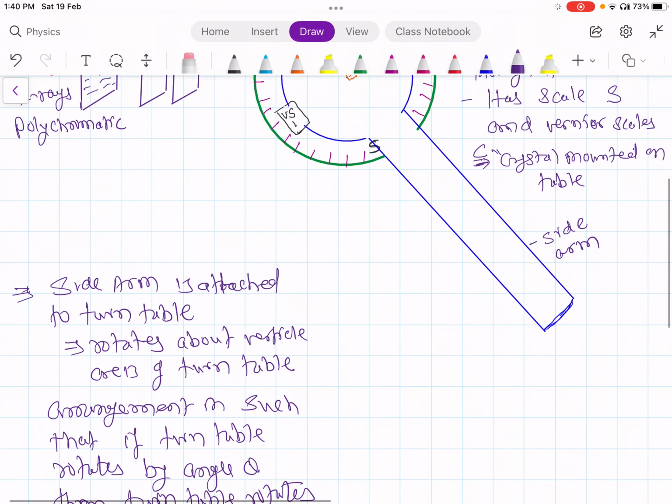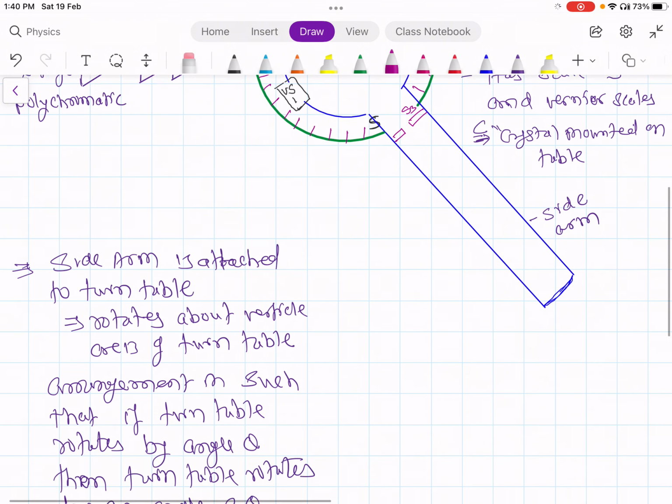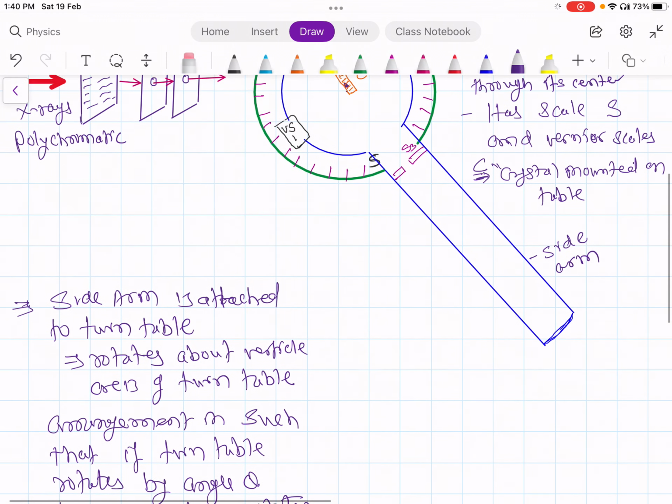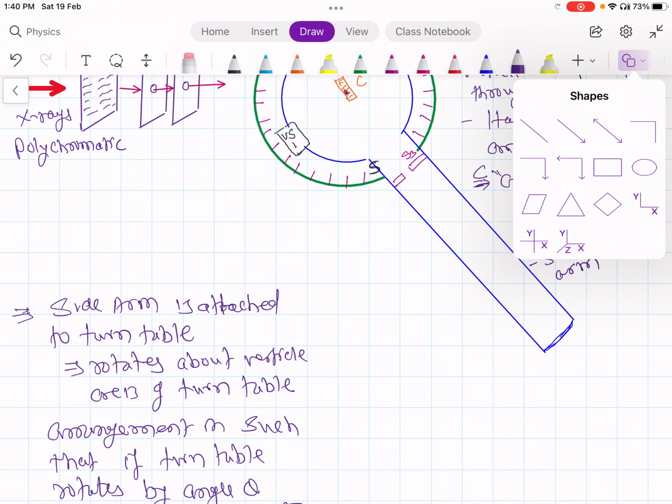Now let's see what the side arm consists of. This side arm consists of a slit S3. This is the S3. And an ionization chamber. Let me draw the ionization chamber here.